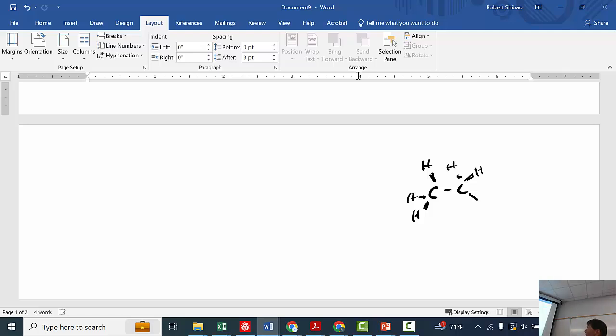So if we take an ethyl group like this and add an alcohol, then we'll have ethyl alcohol. We can flatten this out. You know, this is tetrahedral, but what I'm going to do is flatten it like a pancake here. Obviously, you can't flatten the molecule, but you can flatten the drawing.